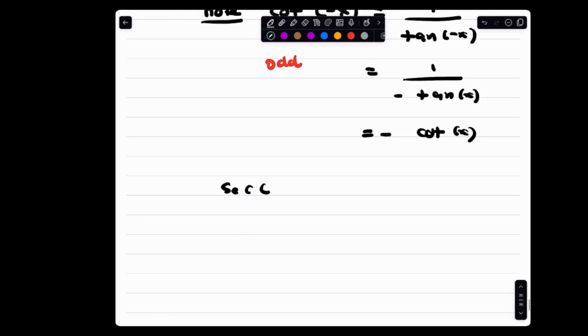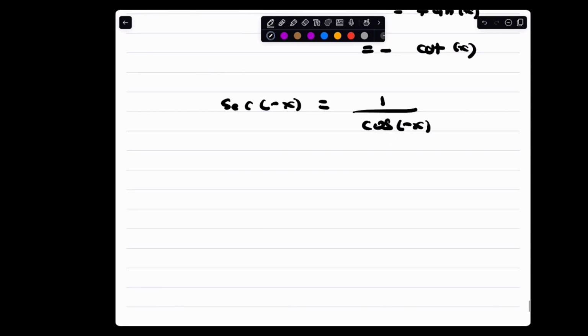Secant of minus x is 1 over cosine of minus x. We know cosine is even, so that's cosine x, which is also known as secant x. So again, it translates. This is an even function.